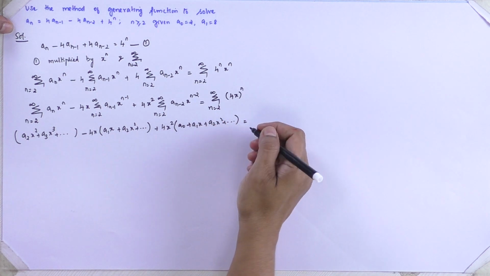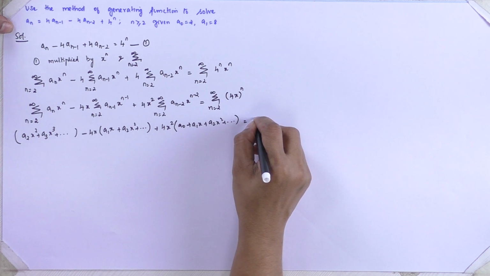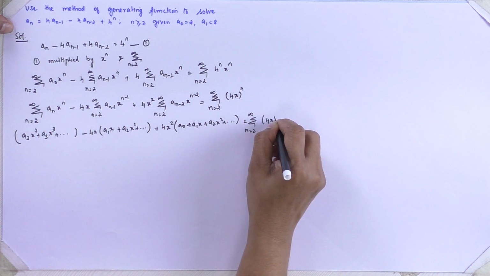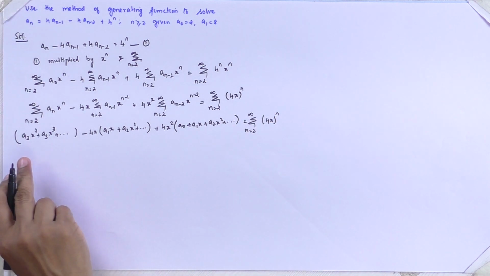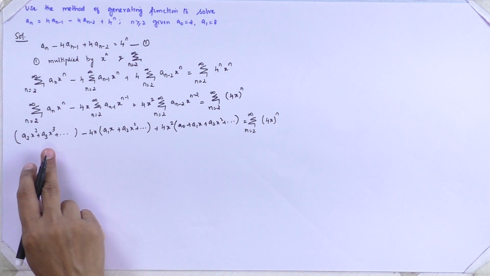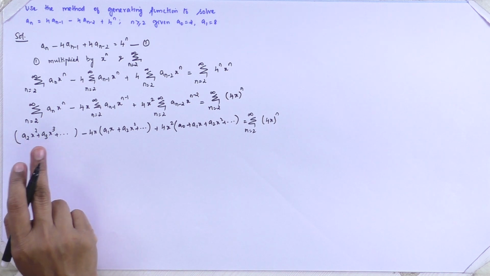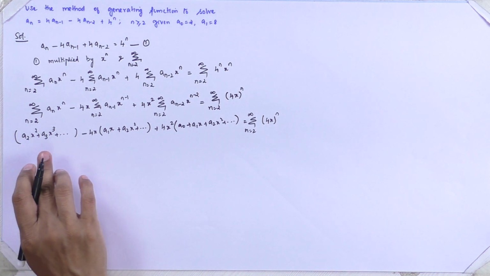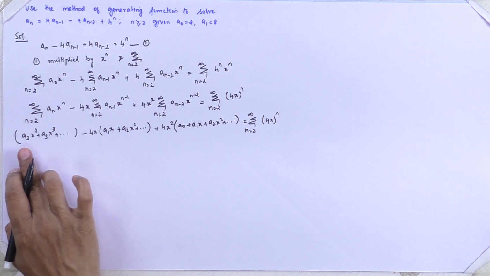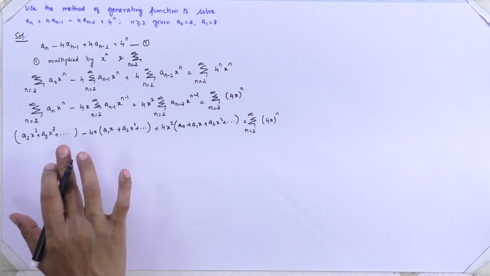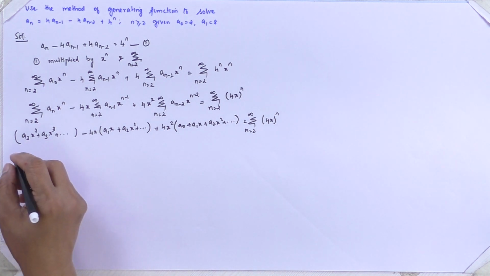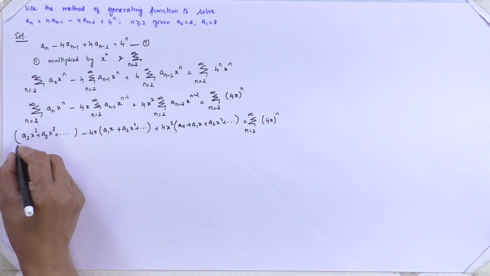That is equal to, I can have this term as it is, n equal to 2 to infinity 4x the whole power n. And then if I want to make use of the generating function, it is of the form a naught plus a1x plus so on. So whatever terms are missing over here, I will correspondingly add and subtract in order to make use of that generating function.